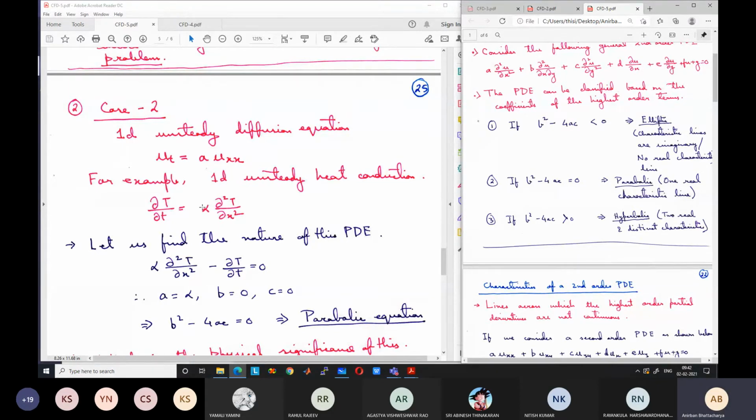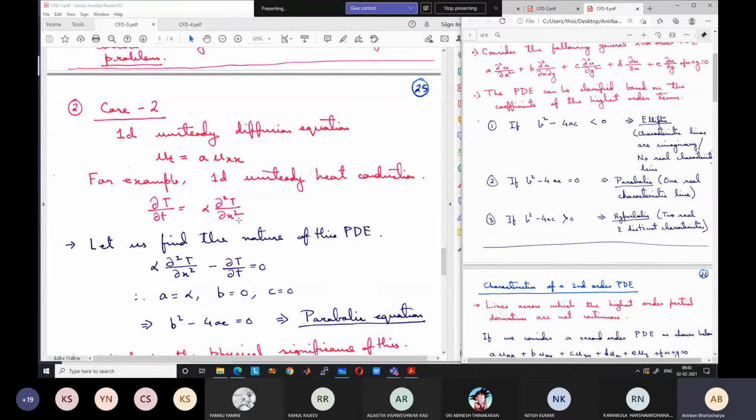So we can write the 1D unsteady heat conduction equation as del T by del t is equal to diffusivity alpha into del square T by del x square. This is a second order PDE because of this conduction term. And it is a two-dimensional problem in the sense that it has one dimension along the x direction and one dimension along the time direction.